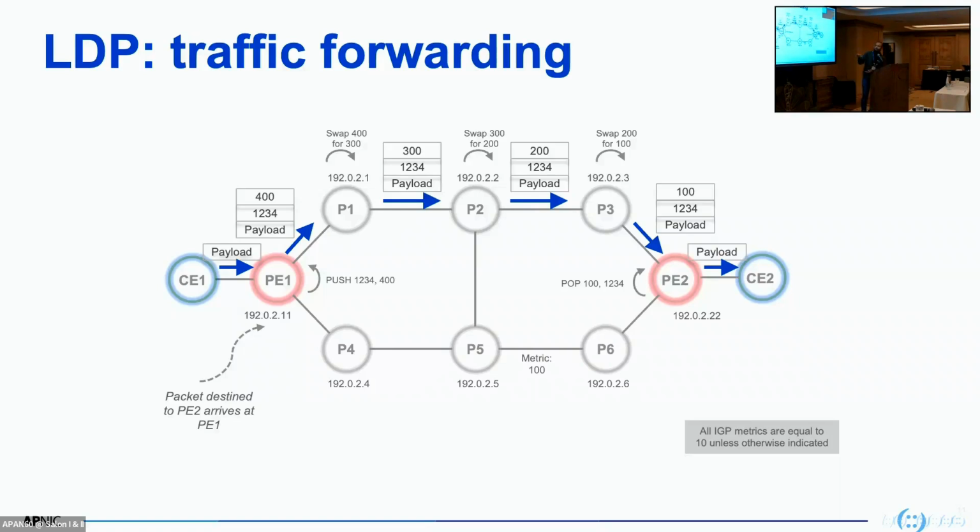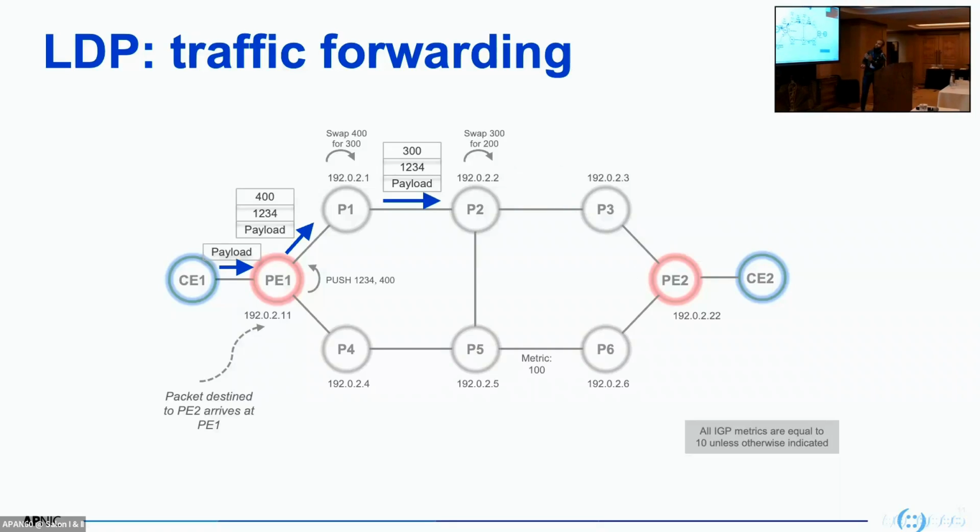For example, for the next hop to go to PE2, my next stop is PE1, so I'll use PE1's label, because PE1 is the router that told me to use 400 if I want to come to it to go to this destination. And PE2 told PE1 that if you want to come to me, use 300. So it has a map of in and out labels.